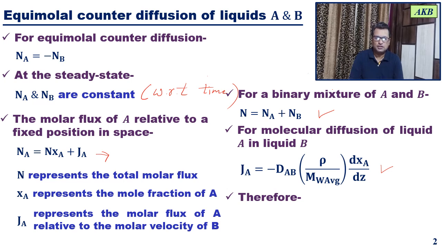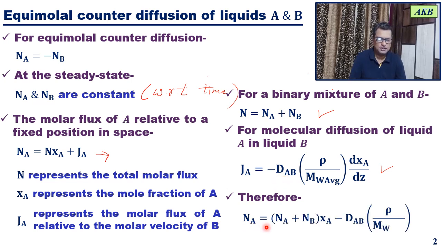In place of N, we will write Na plus Nb, and in place of Ja, we will write this equation. That's why you get this equation: Na is equal to (Na plus Nb) into Xa minus Dab rho upon Mw average into dxa by dz.